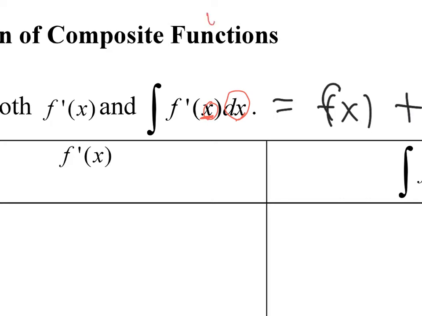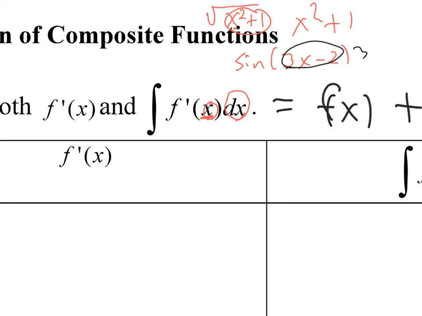if I was looking at the square root of x squared plus 1, perhaps the inside is x squared plus 1. If I was doing sine of 3x minus 2, maybe the inside is just 3x minus 2.